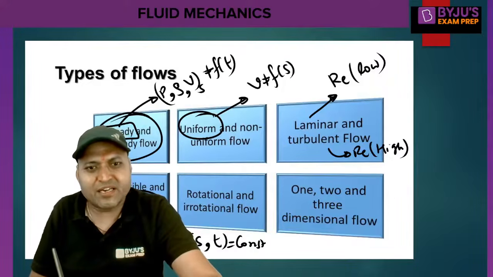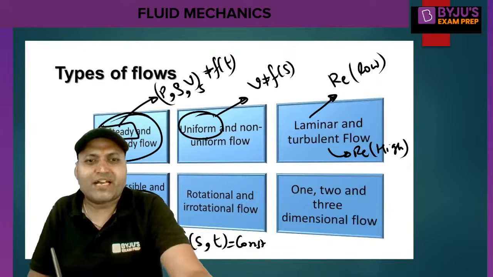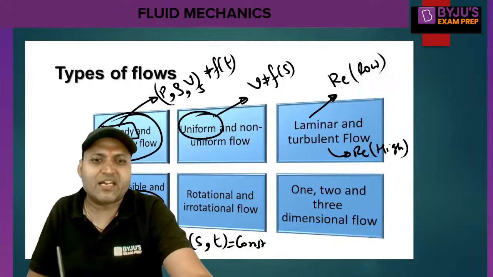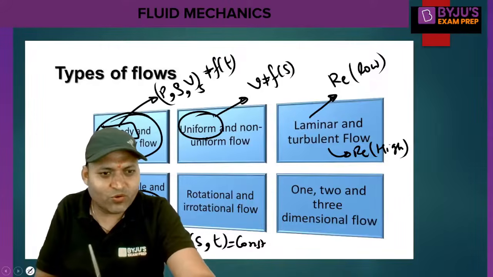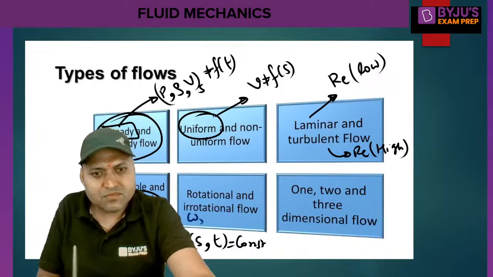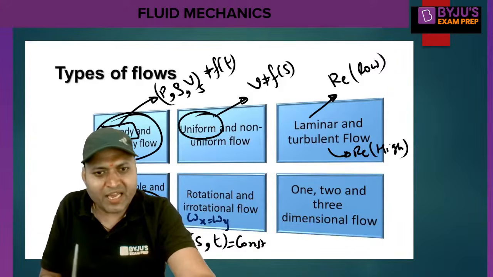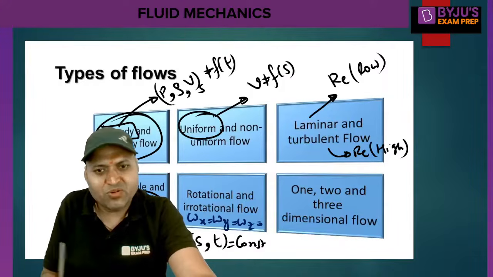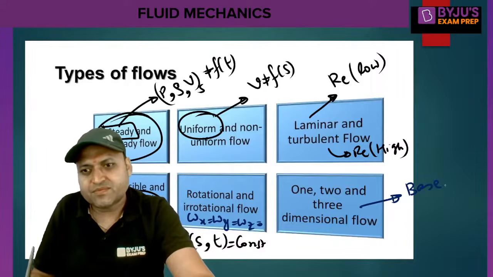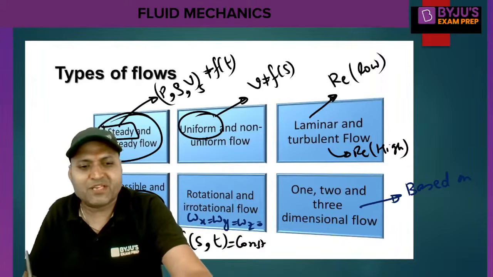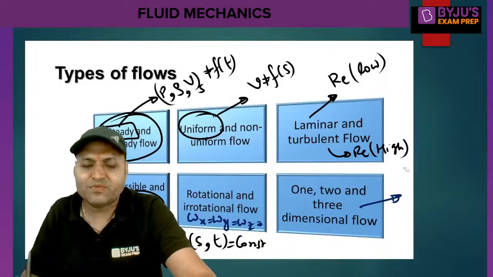Rotational and irrotational. When the fluid particles rotate about their mass centers, then it is rotational. If they do not rotate, it is irrotational. For irrotational flow, omega x, omega y, omega z is equal to 0. 1D, 2D and 3D are based on the number of space coordinates required to describe the flow.